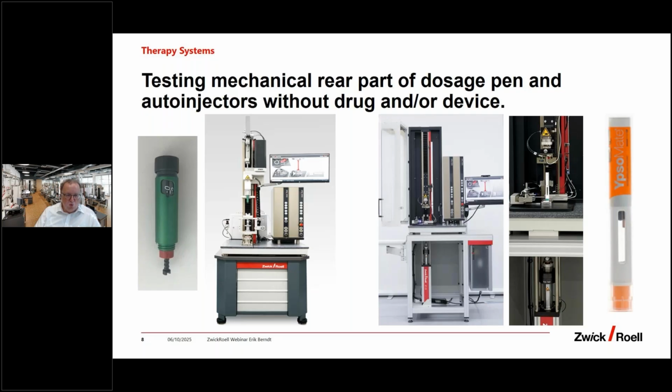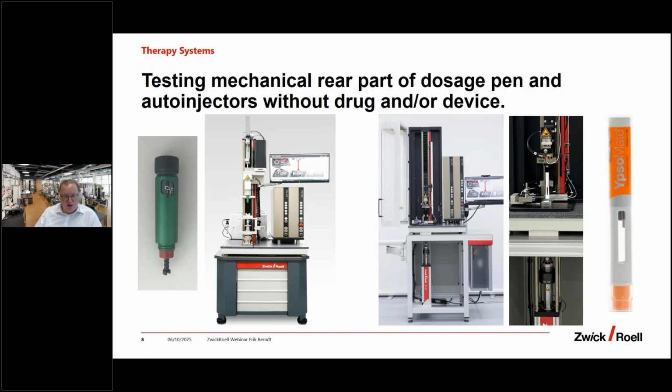The same now with autoinjectors, where device producers also look for this and said it's too complex. I know some device producers have already filling lines doing this specimen sampling on their own. But the easier way could be that we are only testing the power pack at the end. We look at the spring force profiles and different special specifications in this test.